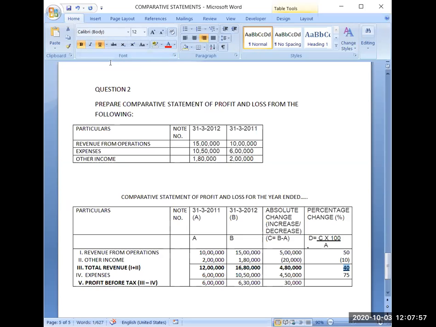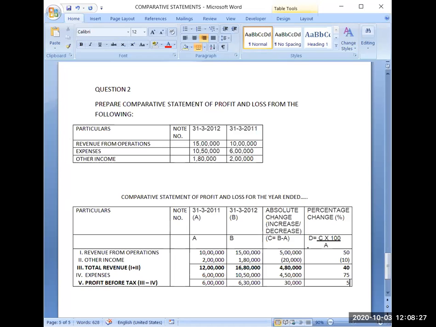Then 30,000 divided by 6 lakh: it will come to 20%. No, 20% would be 1 upon 5. No, 1 upon 5 would be 60,000, so for 30,000 it will be 5%.